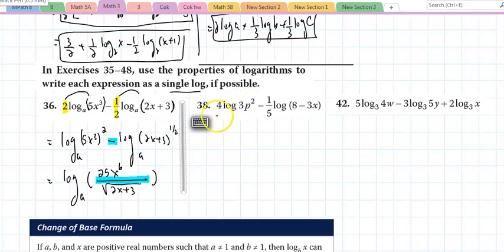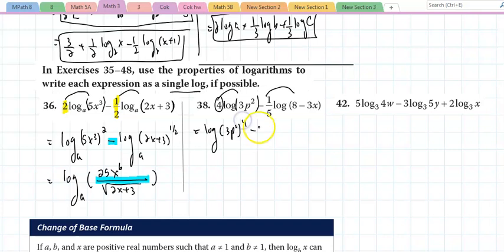And if I look at this problem, again the same deal. The first order of business is making sure that's a 1. It's not easy fix. Remember, that's the power. And easy fix, that is the log of 3p squared to the 4th minus the log of 8 minus 3x to the 1/5. Again, 2 logs with a minus in between.